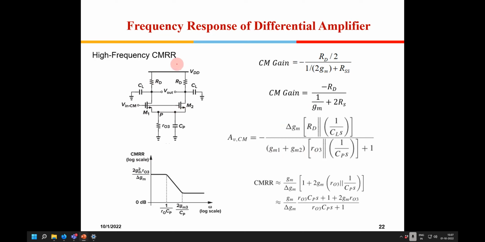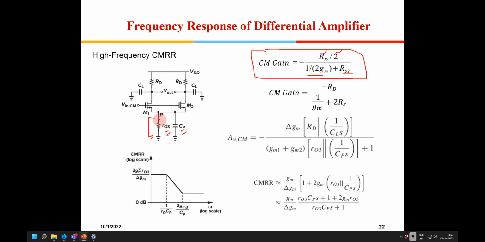But for the common mode signal, this was the equation, RD by 2gm plus 1 by... if you remember, this is the common mode formula out here, right? Now in this case RS is getting modified as R03 in parallel with CP, right? They are going to be in parallel. Now this CP is the capacitance of this particular current source.